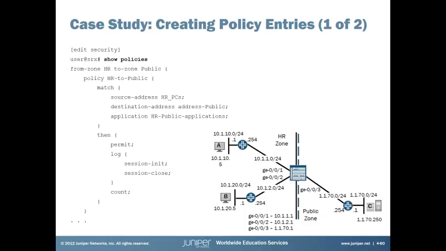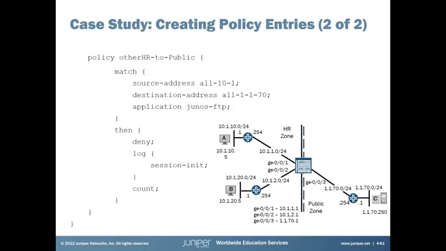Destination address is HR public address, which is the address set which actually included three applications. The action is permit, and then we're going to log session inits and session closes, and we're going to count that. Okay.